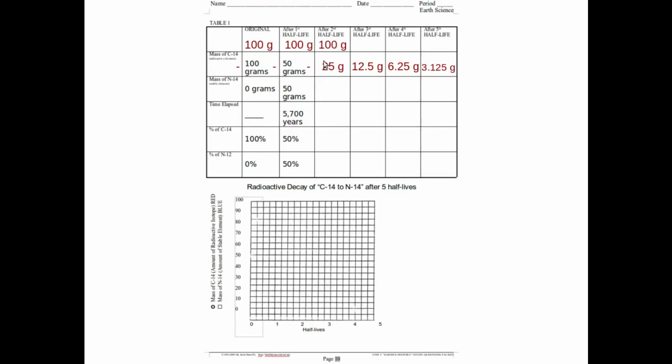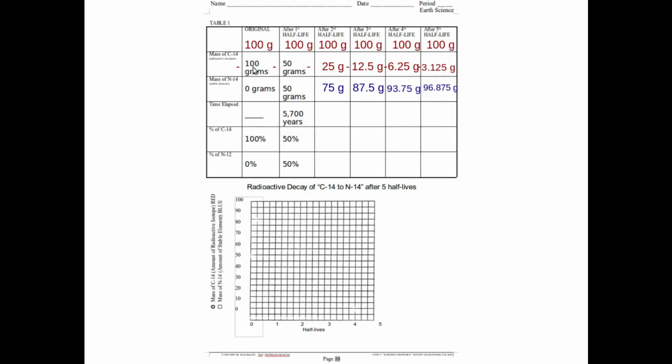And if we do this for the one that we just found, 100 grams minus 25 grams gives us 75 grams. 100 grams minus 12.5 grams gives us 87.5 grams. 100 grams minus 6.25 grams gives us 93.75 grams. And 100 grams minus 3.125 grams gives us 96.875 grams.